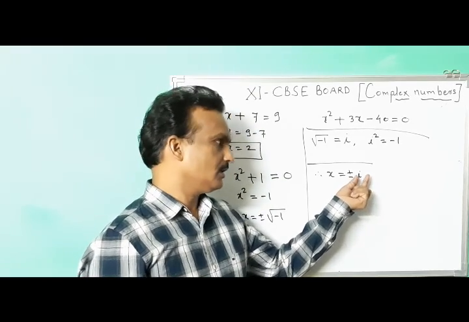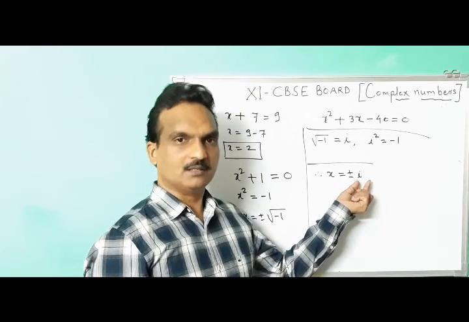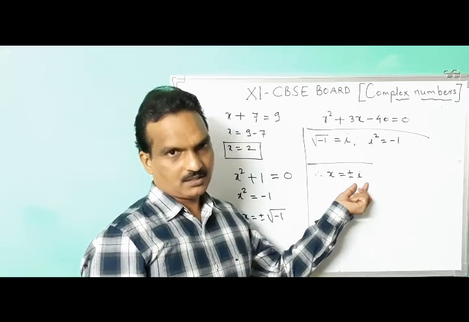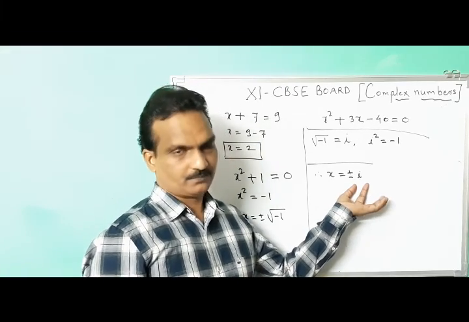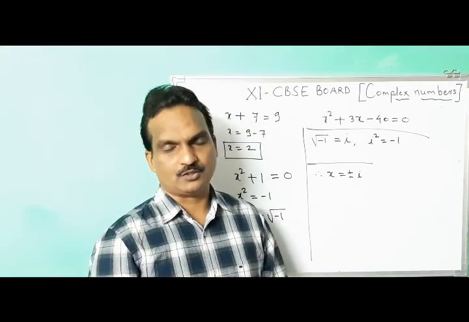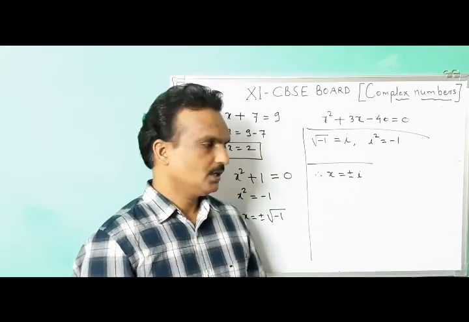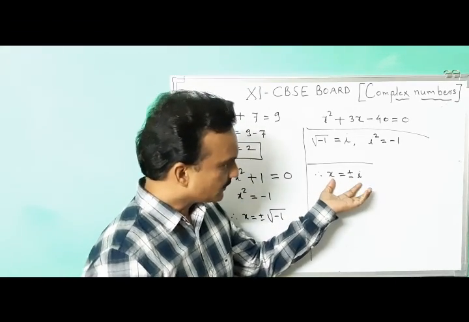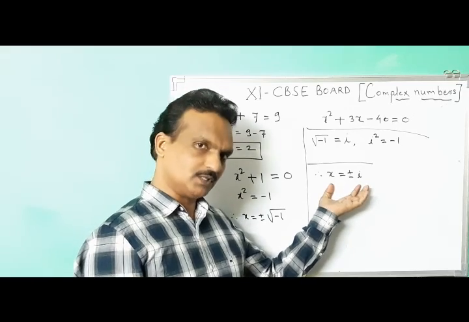So you got a solution in the form of i. Now this symbol i or this number i is called imaginary number, right? Because this number does not belong to the set of real numbers, right? Therefore, this is actually imaginary number.